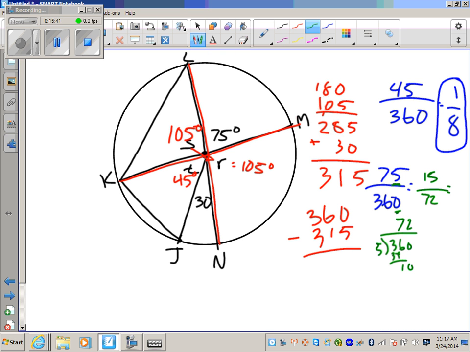How do you know that 72 is divisible by 3? What's the trick? Add the digits. What's 7 plus 2? 9. Is 9 divisible by 3? And so is 72. What is 72 divided by 3? 5 over 24. How many hours are in 3 days? 72.